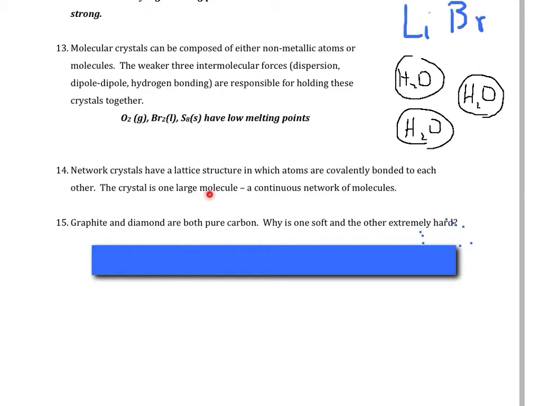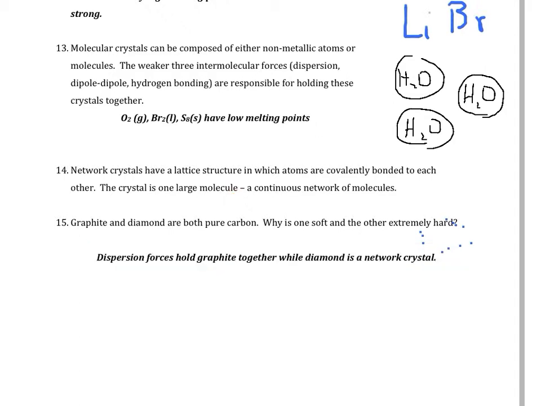They're both pure carbon, but the difference in the hardness of graphite and diamond is the way those carbons are connected. Graphite is held together by dispersion forces. And what happens is, graphite is actually layers. Each layer is a series of carbon atoms which are held together in a network, but the layers themselves are connected by dispersion forces.